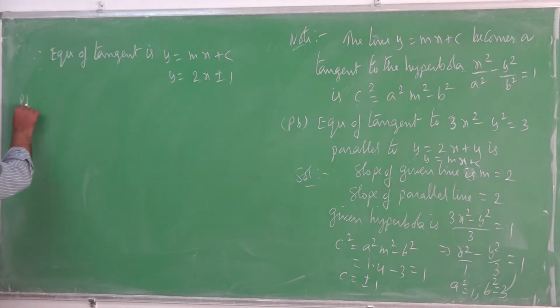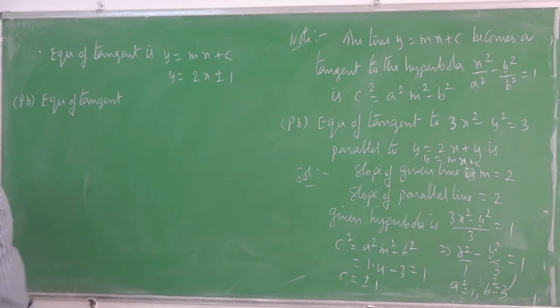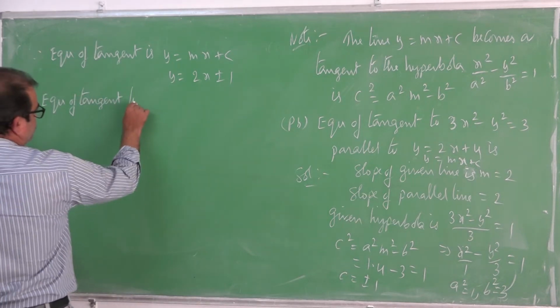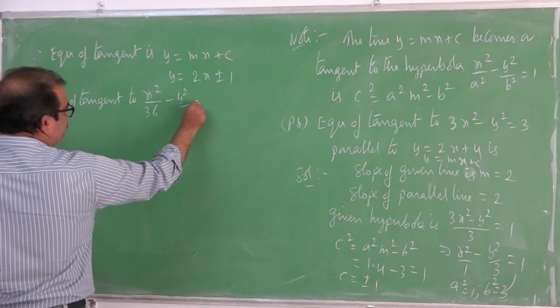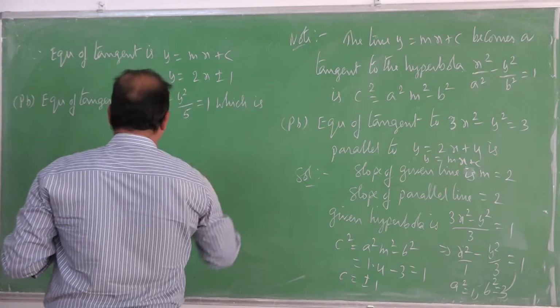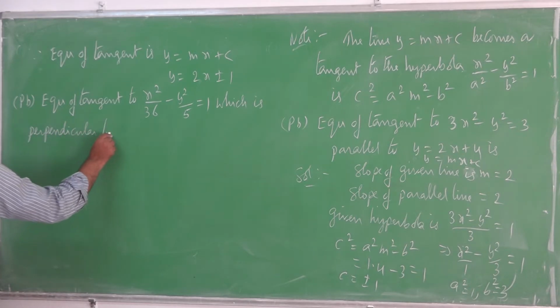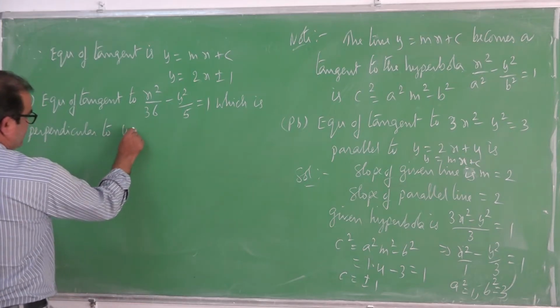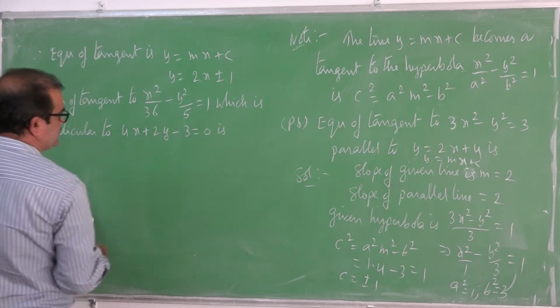In the same model, do this problem. Equation of tangent to the hyperbola x square by 36 minus y square by 5 is equal to 1, which is perpendicular to the line 4x plus 2y minus 3 is equal to 0 is.